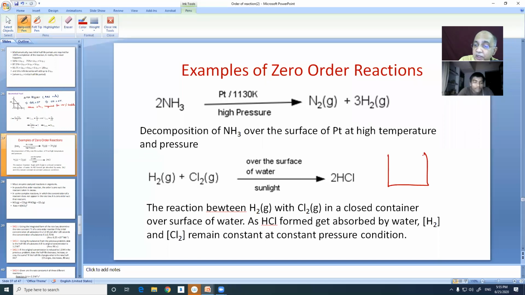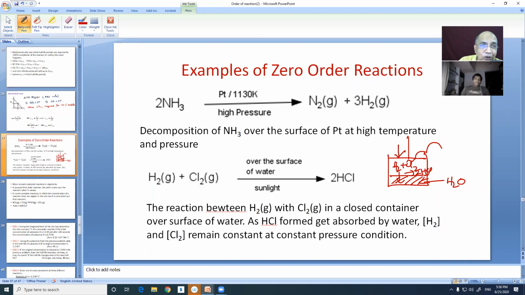That is very typical. Supposing this is a constant pressure experiment, here is water, and here hydrogen and chlorine, and light will fall on it. So the sooner HCl is formed, it will be absorbed in water, and the volume will decrease because it is carried out at constant pressure. So the concentration of hydrogen and chlorine will remain constant.